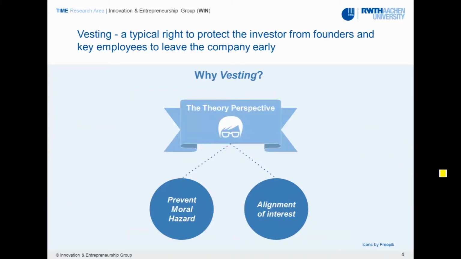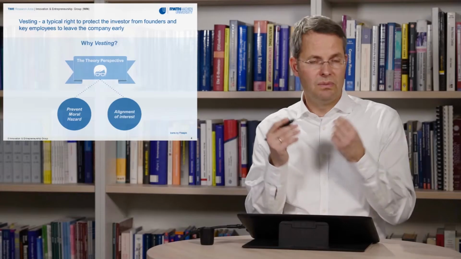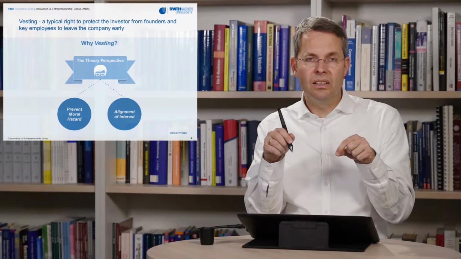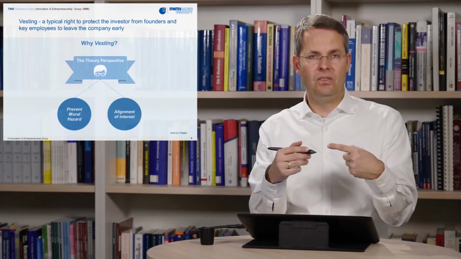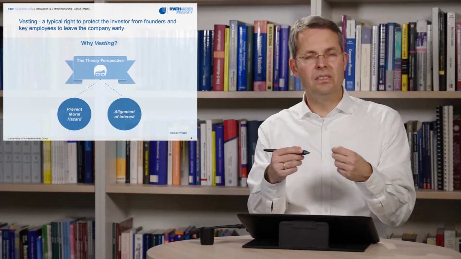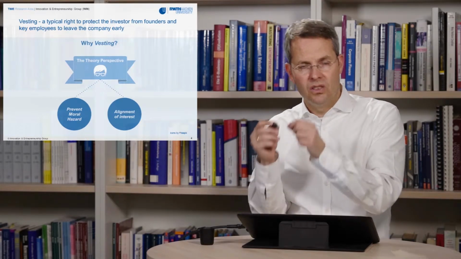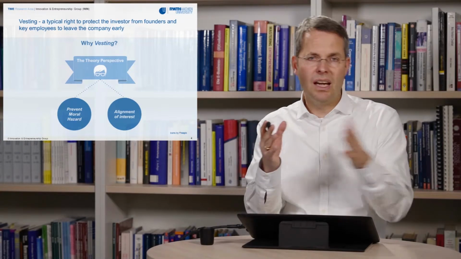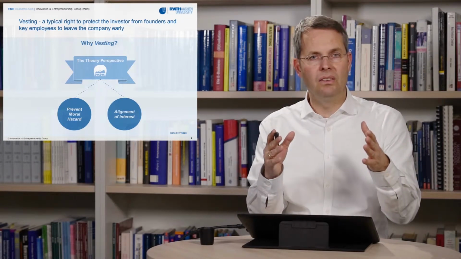If you look at vesting from a theoretical standpoint, as we said before, if two parties are dependent on each other, you'd like to align interests. And one of the interests of the VC is to bind the management over that certain period of time where the management has to create value.